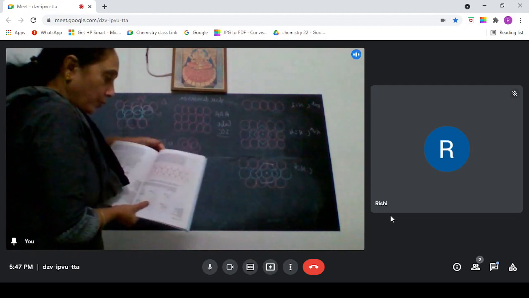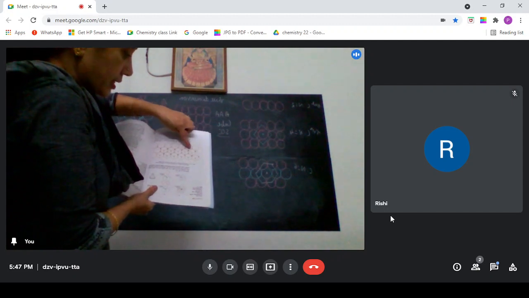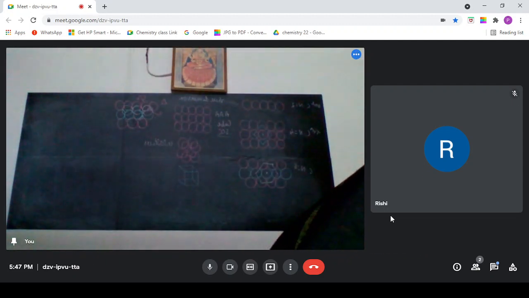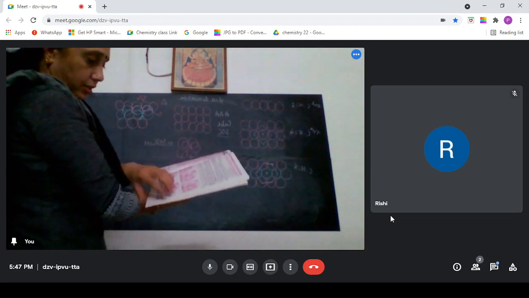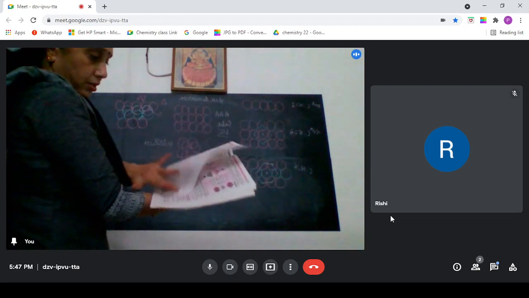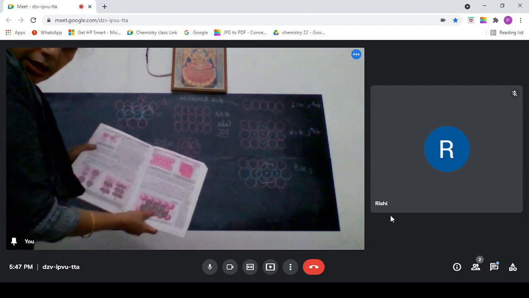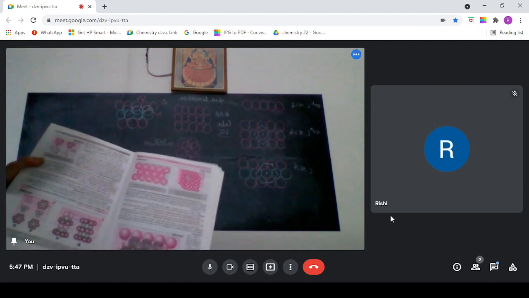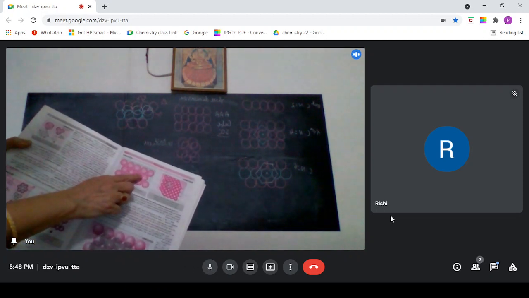See, you will have like this and like this. No, this book is not neat. I will show you in this book. This book they have given it very neatly. See, if you can see this, you are able to see this. See, you will have A void and B void.